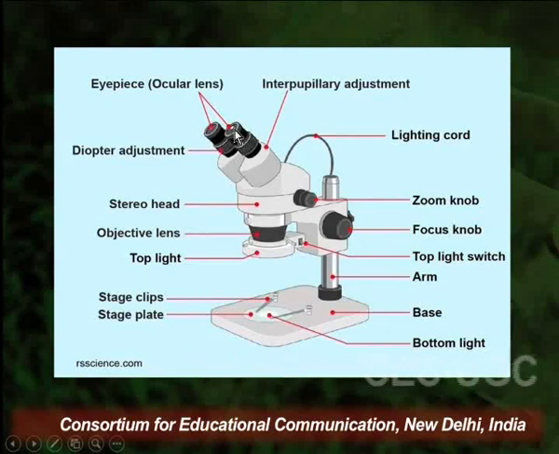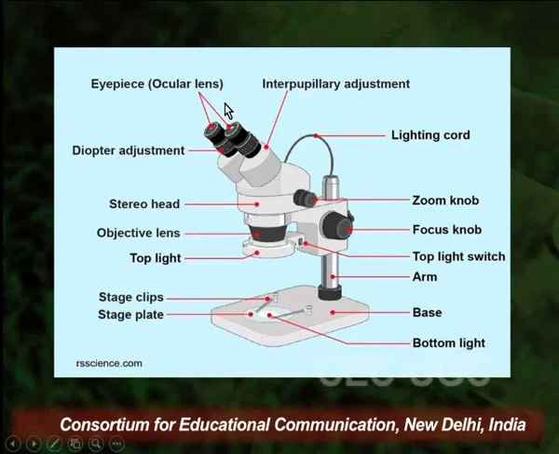These eyepieces can adjust themselves in terms of diopter, and they can also move. The distance between these two eyepieces can also vary, which is called interpupillary adjustment.